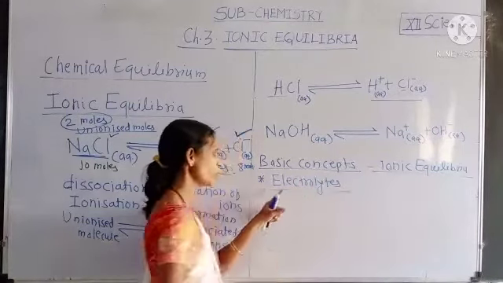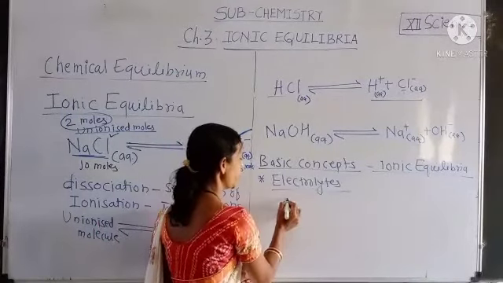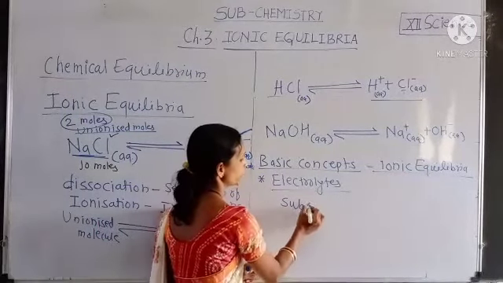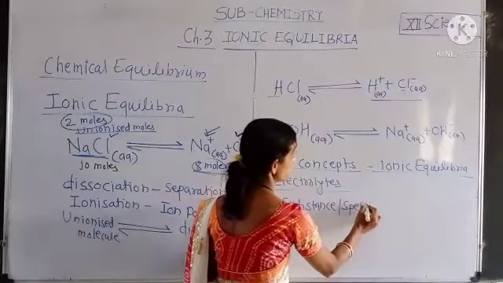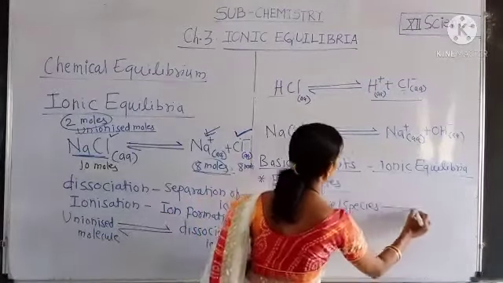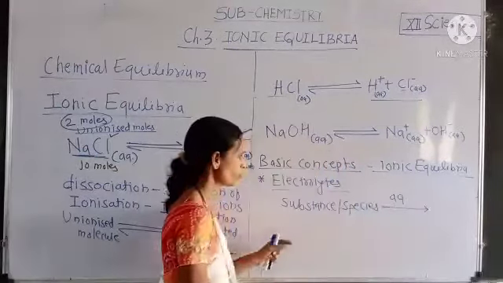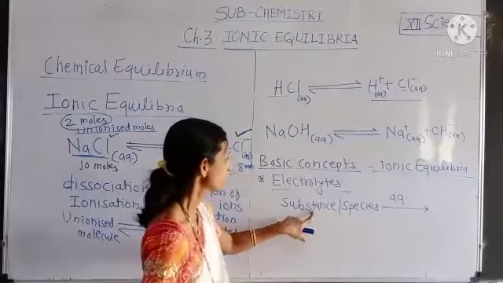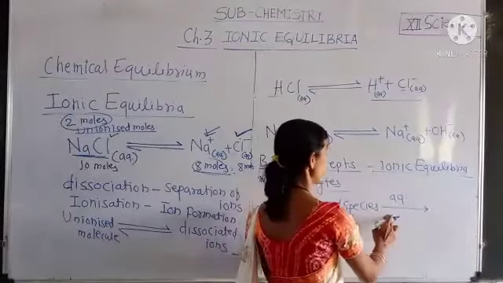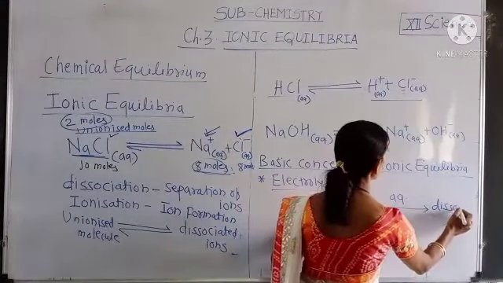What are electrolytes? An electrolyte is a substance or species that, when dissolved in aqueous medium, that is, in water, for example NaCl dissolved in water or HCl dissolved in water, gets dissociated.